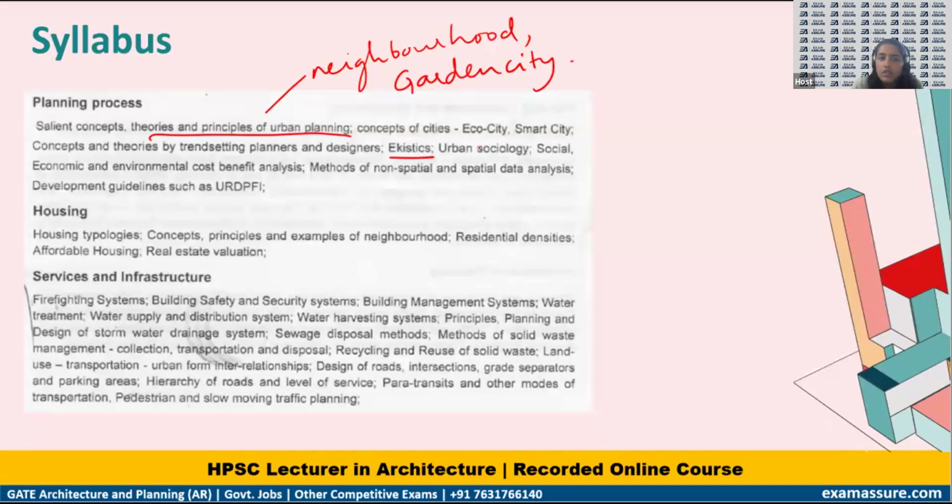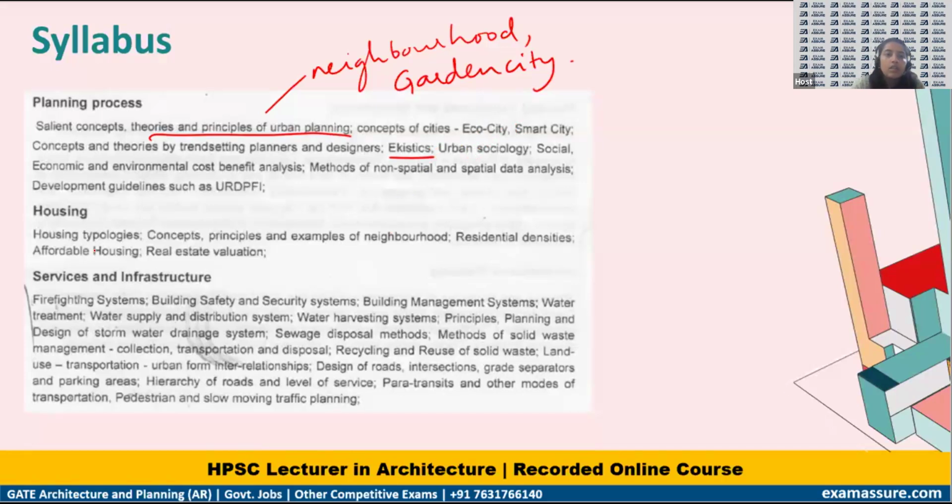All of these theories is something that you need to know. Again, सिर्फ theories जान के भी काफी नहीं है. Questions जो आएंगे, they are going to ask you your opinion on that particular theory. Or let's say, how is that theory applicable today in the Indian context, for example.